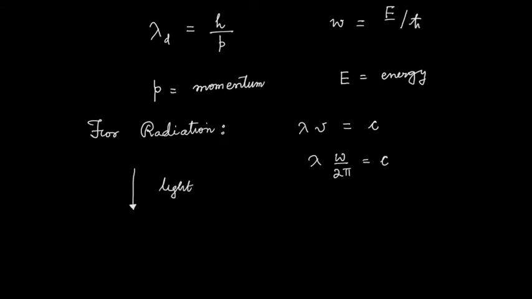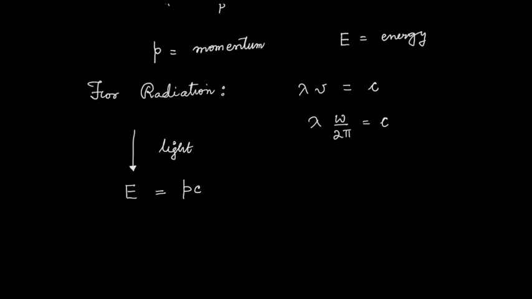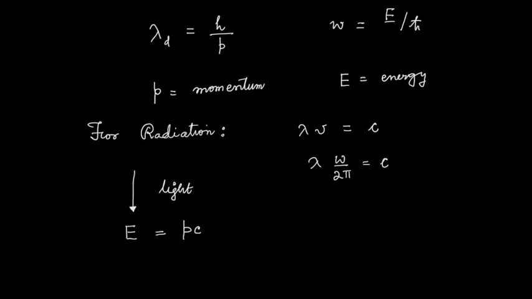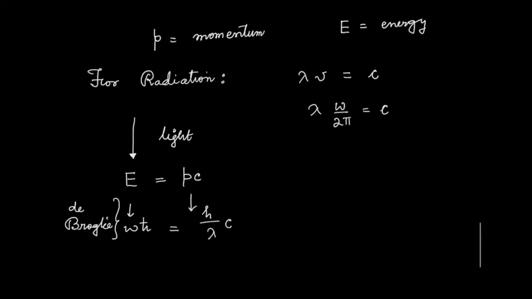Radiation is light, and with special relativity we saw for light E equals P times C, momentum times C. So if I now use the de Broglie hypothesis that E is omega h cross, and P is h by lambda, then I get this expression.